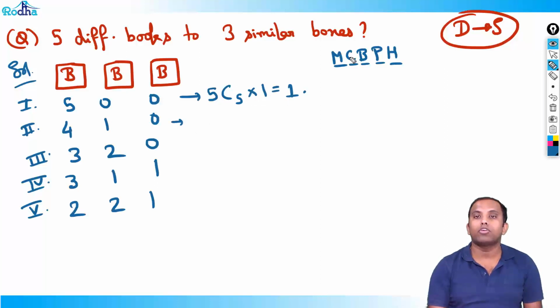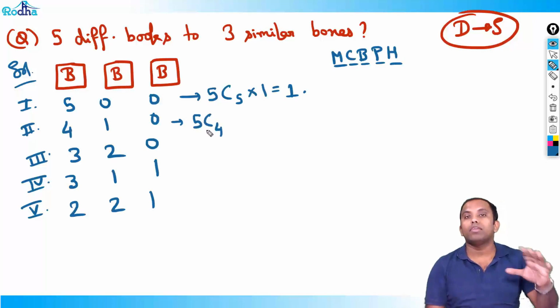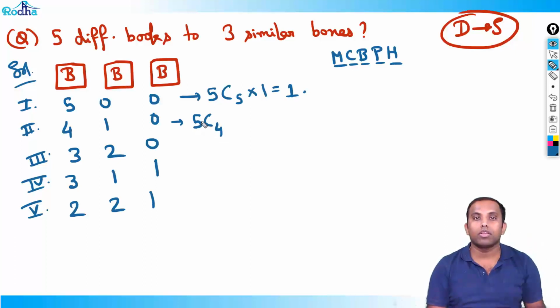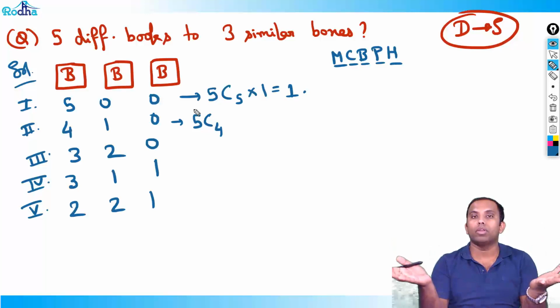Second case, 4 1 0. Out of 5 books, any 4 can be selected in 5C4 ways. That means I can make 5C4 groups of 4 books. When you select any 4 books, 1 is left, so you have 2 groups now, one with 4 books, one with one book.